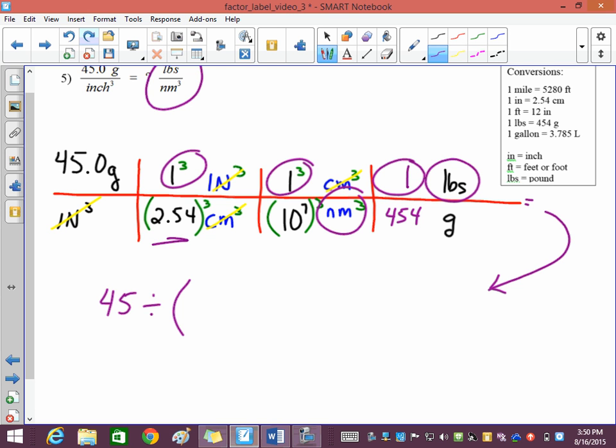So we've got 2.54 caret 3 times, and again, use your EE button, EXP button, but if you're not using your EE button and you're doing a caret, then you would go 10 caret 7, close that parentheses, caret 3. Okay, that's pretty complicated, but I'm not done yet. And then I'd multiply that times 454. Okay.